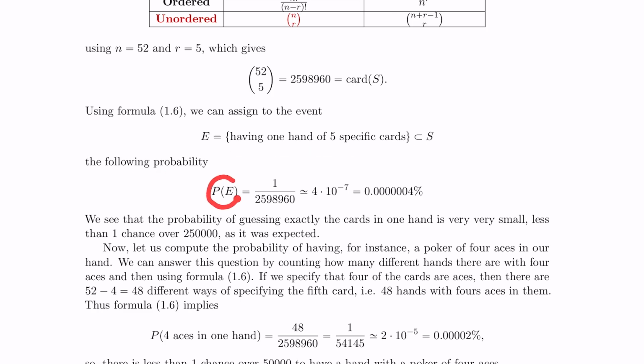The probability of E is one hand divided by all the possible hands, that is roughly 4 times 10 to the power minus 7. Thus, without any surprise, the probability of guessing exactly the 5 cards in one hand is very, very small.